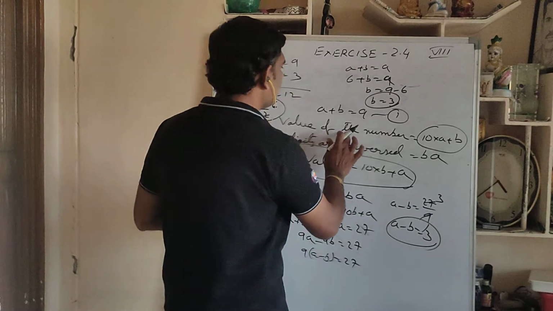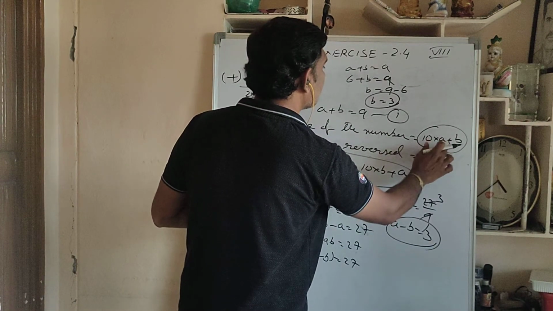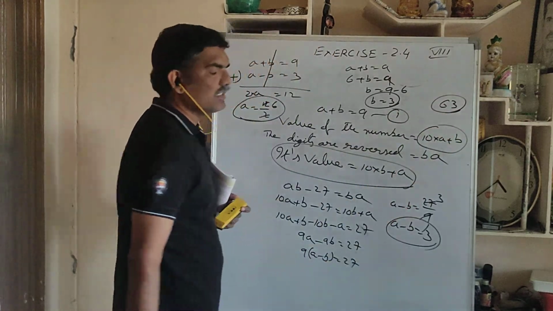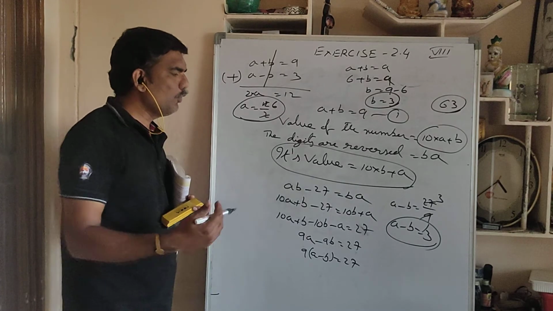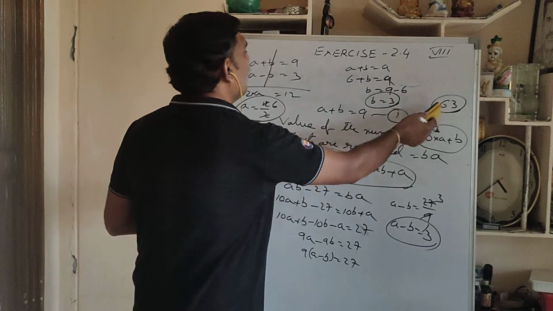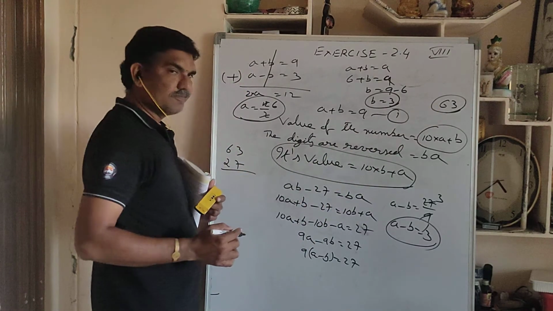So A is 6, B is 3. In the value of the number, A is 6, so 6 times 10, 60, plus 3, is 63. What is this number? 63 is the number. If you want, you can check it. How to do the checking? What he said is from 63, subtract 27.